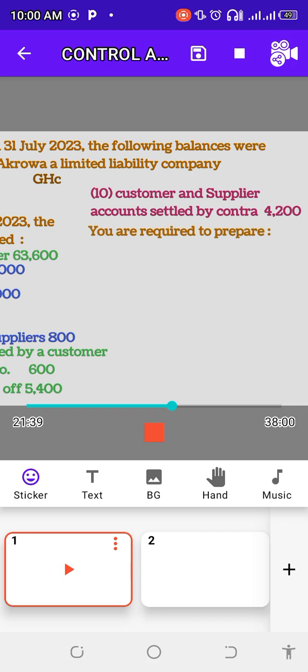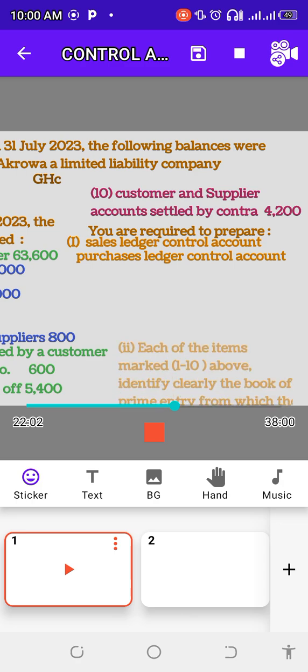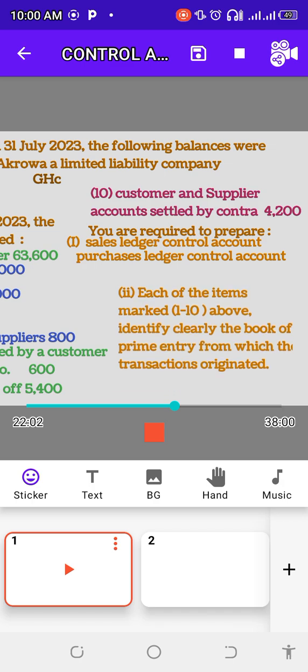You are required to prepare: 1. The sales ledger control account. 2. The purchases ledger control account. So 1 is sales ledger control account and purchases ledger control account. Then question 2: for each of the items marked 1 to 10 above, identify clearly the book of prime entry from which the transaction originated.